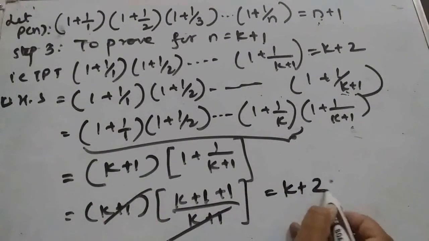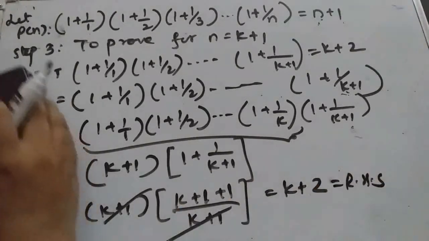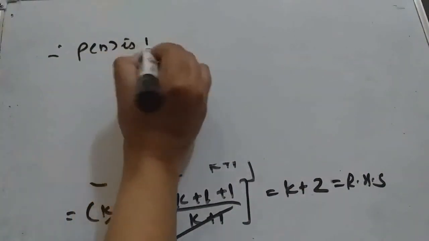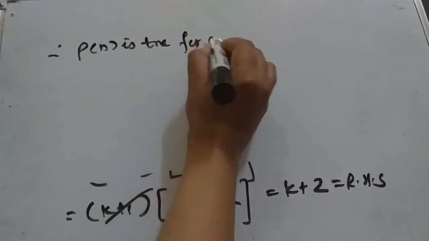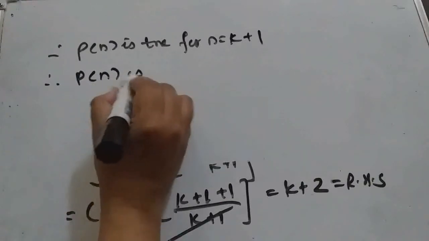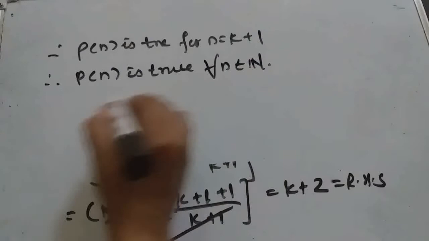The answer is k plus 2, which is the right hand side. So we can write, therefore P of n is true for n equal to k plus 1. Therefore P of n is true for all n belonging to N.